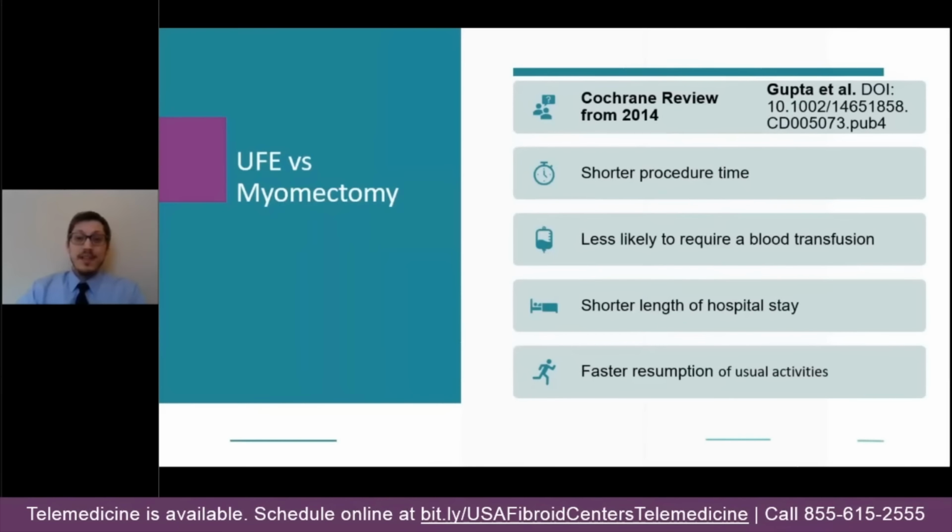There's been a lot of data and studies done comparing fibroid embolization with myomectomy and hysterectomy. This information is from a Cochrane review from 2014. Cochrane review studies are a very high level of scientific medical evidence. Basically, they pull together a bunch of different studies.